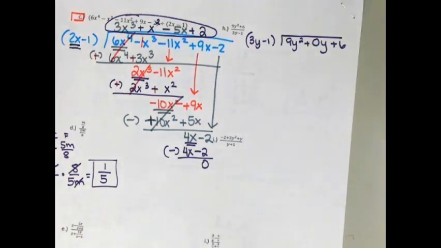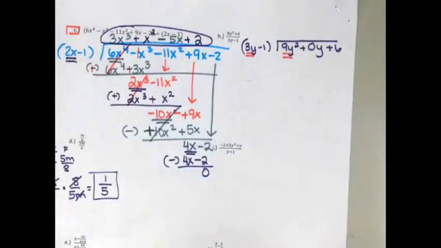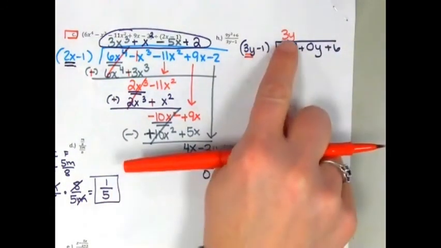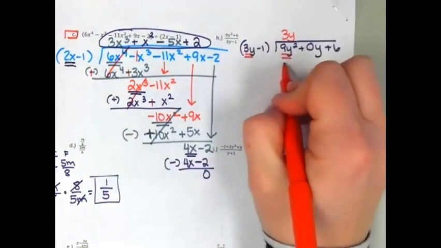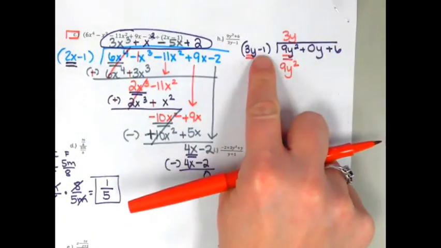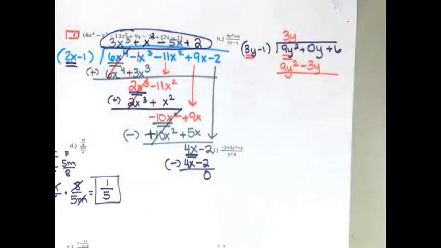All right. 3y times what gets me to 9y squared? 3y. Yeah. What's 3y times 3y? 9y squared. And what's 3y times negative 1? Negative 3y. Do you guys see why I added in that 0y? So we have like terms.